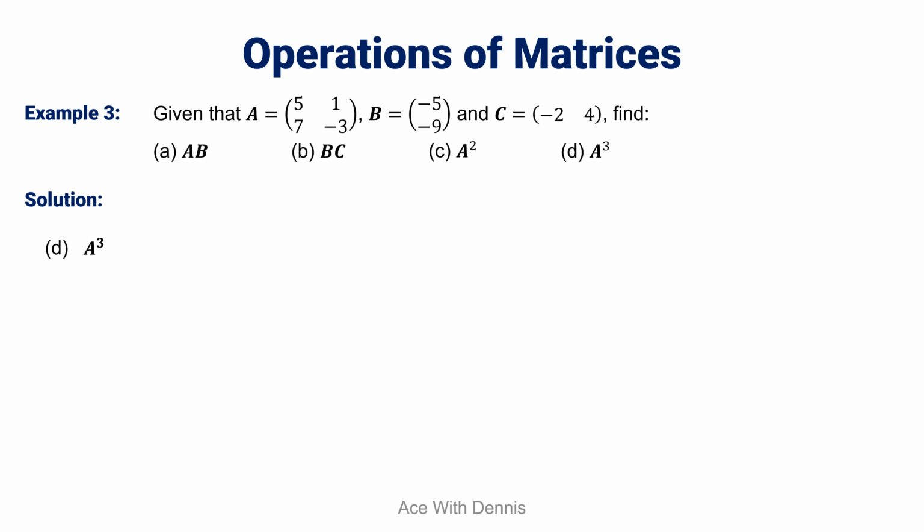D. Cube of matrix A. So it is equal to matrix A square times matrix A. We already calculated matrix A square from part C, which is 32, 2, 14, and 16. Then multiply with matrix A, which is 5, 1, 7, -3.